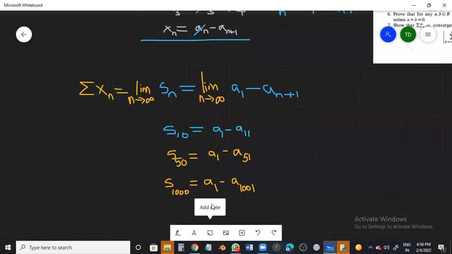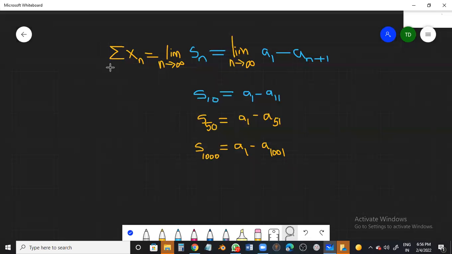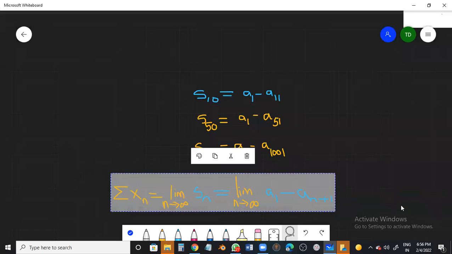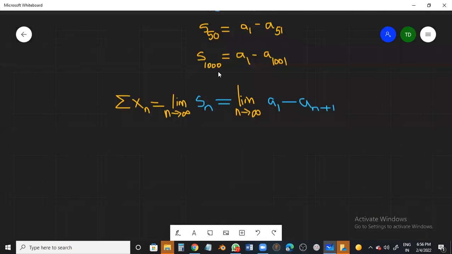Do you agree? So summation Xn is nothing but the limit as n tends to infinity of Sn, but the limit runs only on the n plus 1th term.